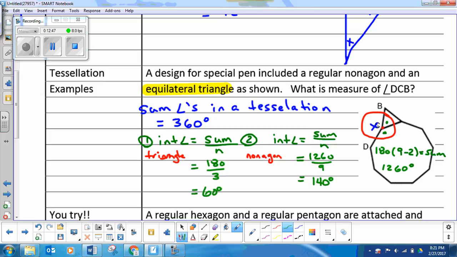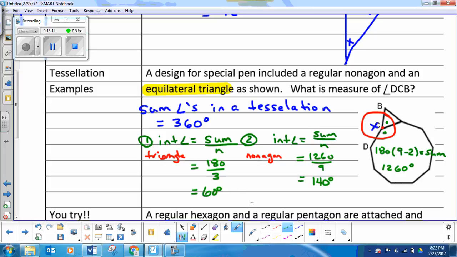So we're left with x. We know that these 3 angles are tessellating. And what that really means is they have a common vertex, which essentially becomes the center of a circle. If I can draw a circle all the way around that common point of intersection, I know I've got a 360-degree tessellation going on. We know this one's 60. We know this one's 140. We're trying to come up with x.